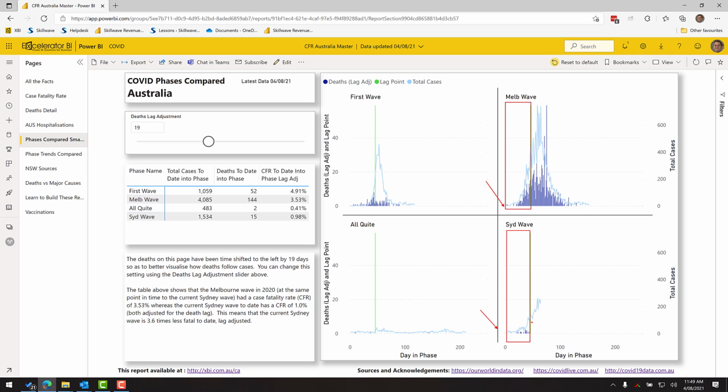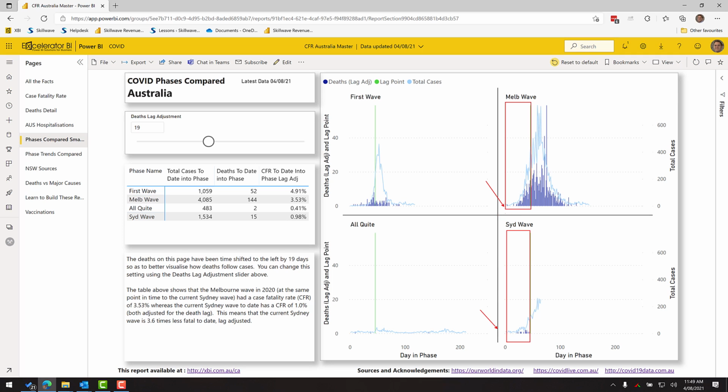Now, that could be because of many things. Maybe it's better lockdown procedures. In fact, very early on, Sydney's lockdowns were not as severe as the Melbourne lockdowns, although I think if you go back into 2020, perhaps the cases got away a little bit from Melbourne before they realised what was going on. But if you look at the gap between the light blue line and the dark blue columns, you'll see that at least visually there's a big difference.